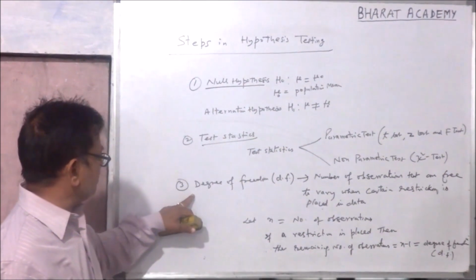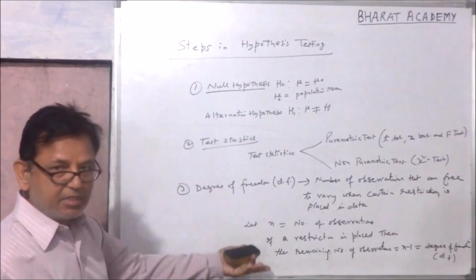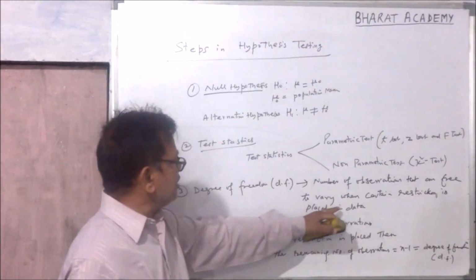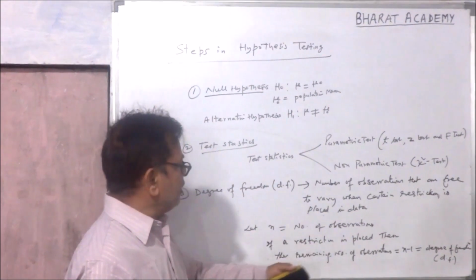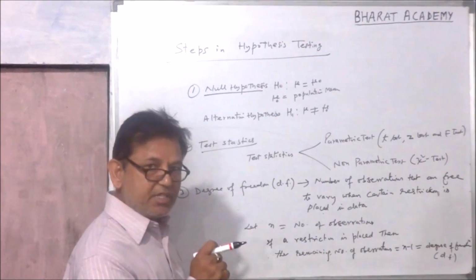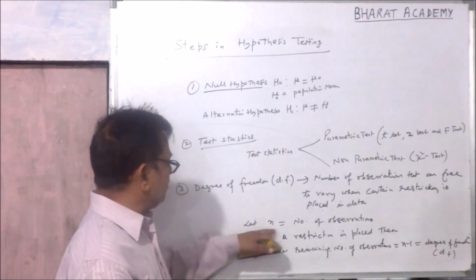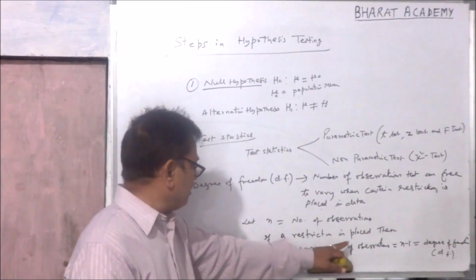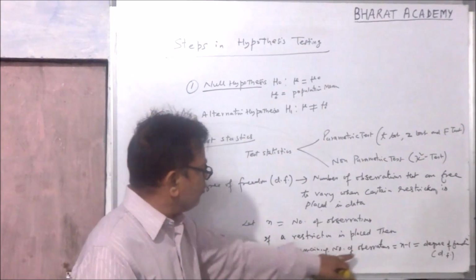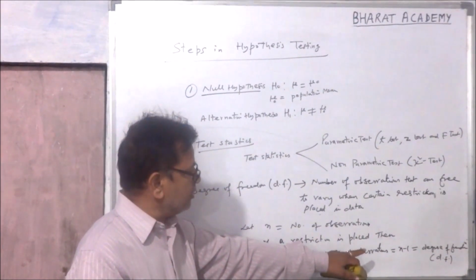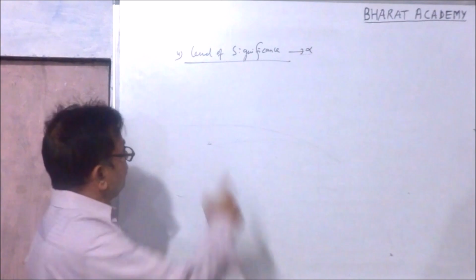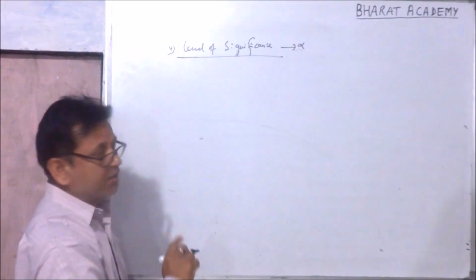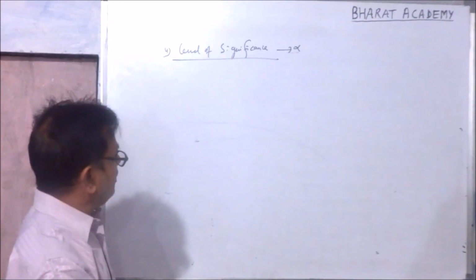The next step is degree of freedom. What is degree of freedom? It is the number of observations that are free to vary when a certain restriction is placed on the data. Let n be the number of observations and a restriction is placed, then the remaining number of observations, n minus 1, is your degree of freedom. Now the fourth step is level of significance, which is denoted by alpha.